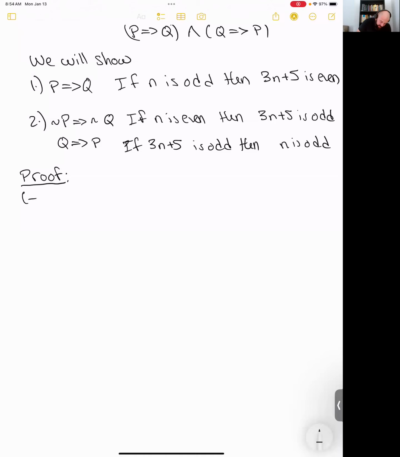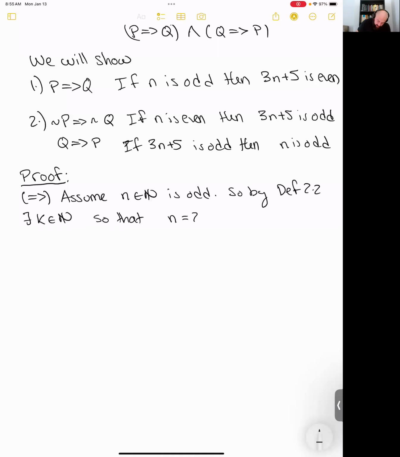So let's see, the forwards implication. Now we assume n, a natural number, is odd. So by definition 2.2, there exists a k, we can use the quantifiers now, so that n is equal to 2k plus 1.